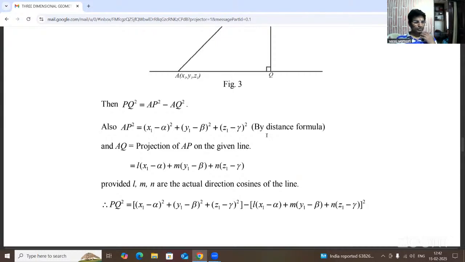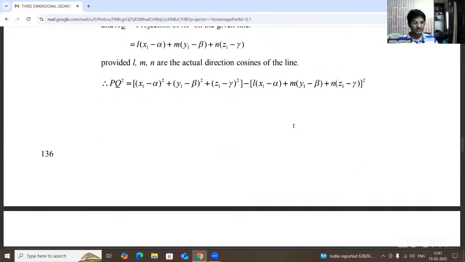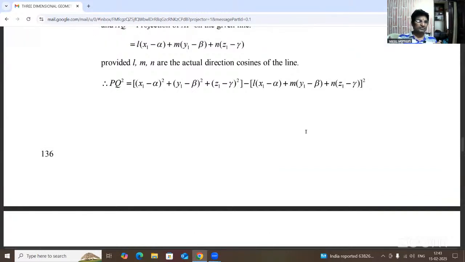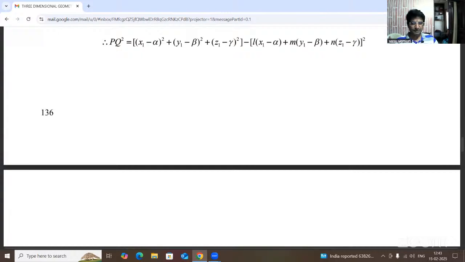From the Pythagoras concept, AP square equals (x1 minus alpha) whole square plus (y1 minus beta) whole square plus (z1 minus gamma) whole square. After simplification, PQ square equals (x1 minus alpha) whole square plus (y1 minus beta) whole square plus (z1 minus gamma) whole square minus [l of (x1 minus alpha) plus m of (y1 minus beta) plus n of (z1 minus gamma)] whole square. That is the expression.